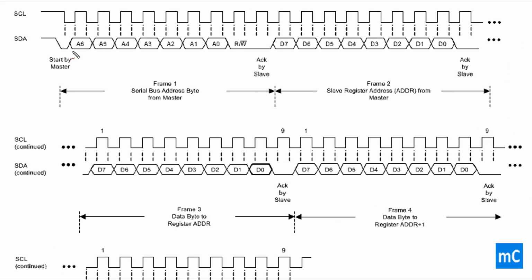Here the full image of I2C data transfer is given. First, the clock starts generating and the master gives the slave address, and that particular slave will start listening to the master, and it becomes the receiver.